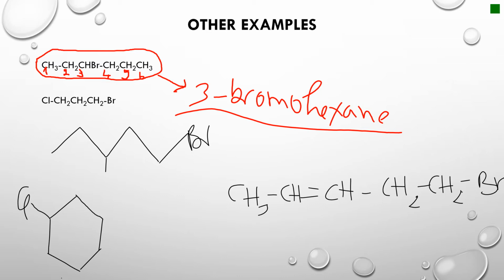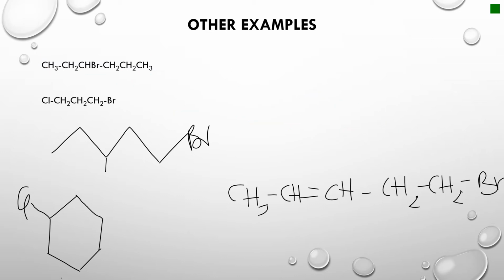So as we went through the first example, we can name together the second example. Here we have a parent chain composed of 3 carbons, and you have 2 halogens, bromine and chlorine. So the thing we have to do now is numbering the chain.